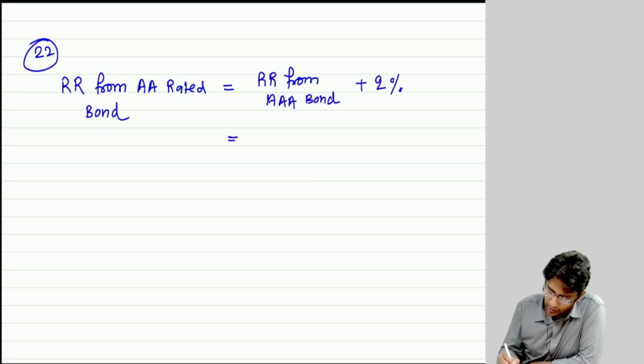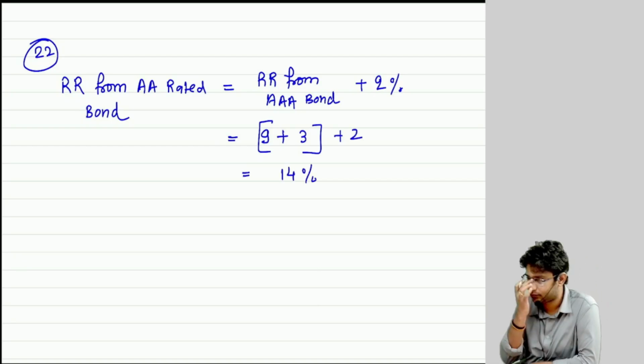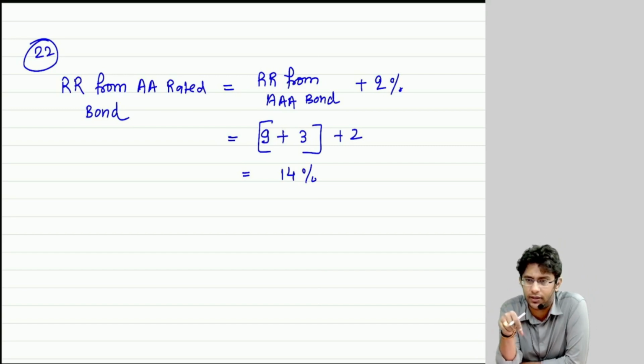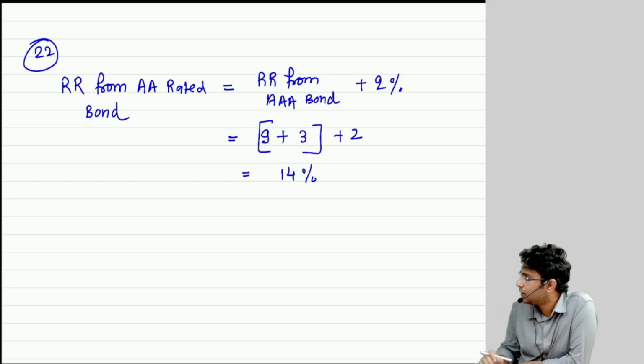Required return from AAA bond is how much? 9 plus 3, plus 2. So total it is 14%. A questionable fellow is calling it the discounting rate. It has got a name. It's called required return. He does not know. We know.